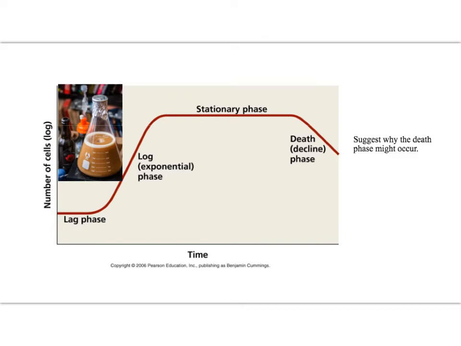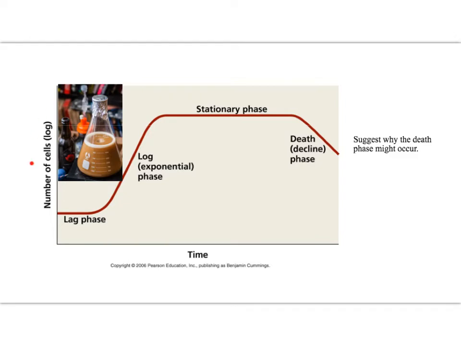Or there might be byproducts like ethanol produced through anaerobic respiration, which could start to kill the bacteria or yeast. Or it could be due to the respiratory substrates like glucose running out, so they can't carry out respiration anymore. So that's why, and eventually all the bacteria or yeast would die.